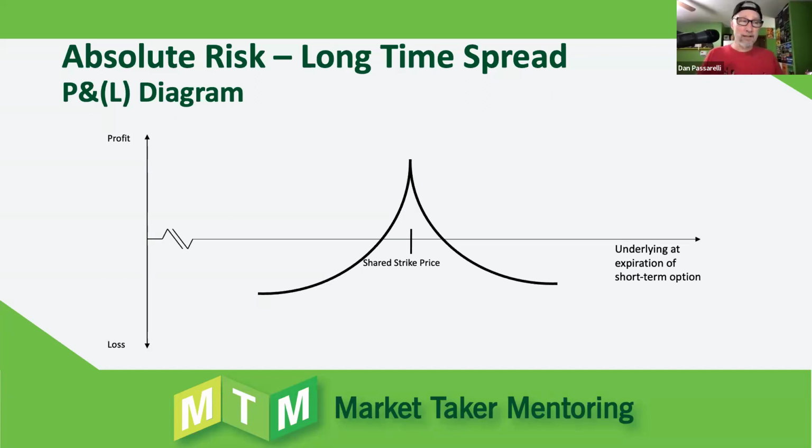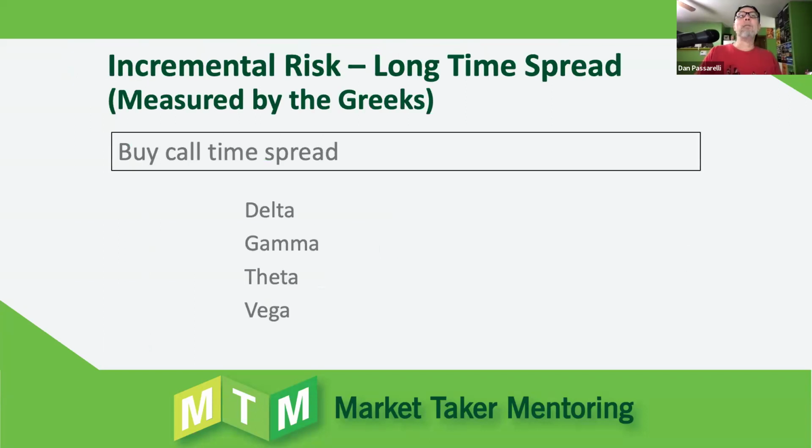With time spreads, profit and loss diagrams are just a little bit helpful. I'm not going to say they're useless because they're not. They give us sort of a loose guide to a rough break even, a rough maximum profit, but it's not going to be exact. So how do we analyze these? Well, we use the Greeks.